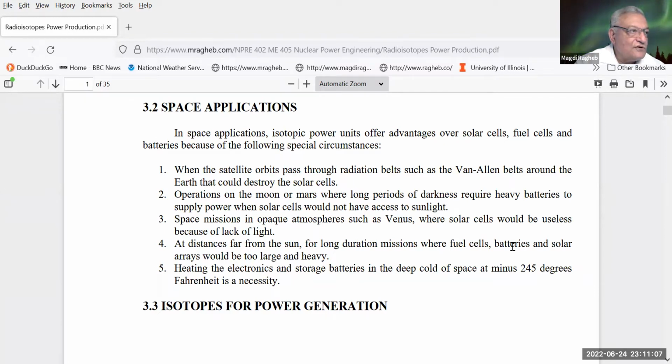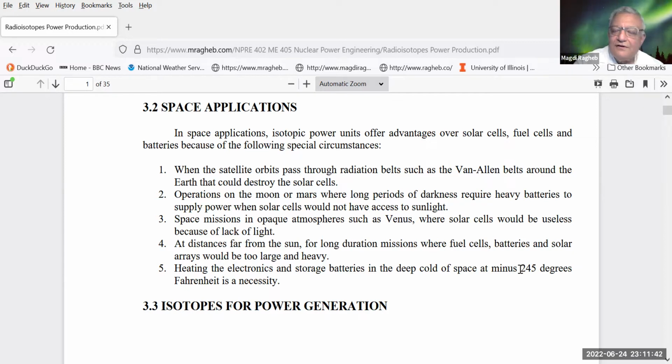So if you start trying to use fuel cells or batteries or solar arrays, they would have to be huge in size, the size of a football field maybe, and deploying it can be affected by mechanical failures, and radioactive isotopes in that case are compact, and they fill the need. And of course, as I suggested, heating the electronics and storage battery in the deep cold of space.